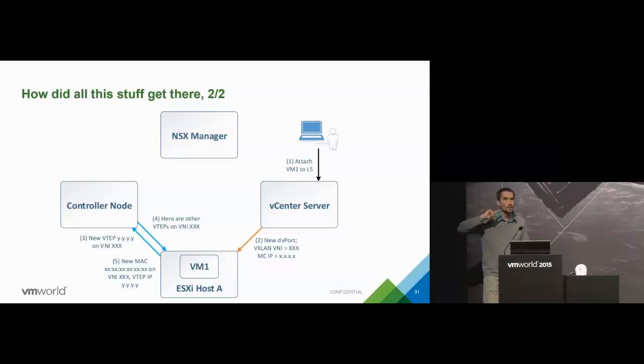Which one of you can tell me how the host learned about the IP address of the controller? How does the host know where to find the controller? Hands up. Okay, cool.